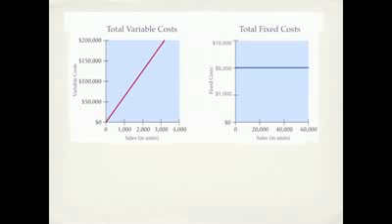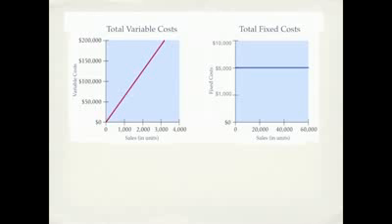Again, our sales in units is on the x-axis, and our fixed costs now are on the y-axis. You can see as our sales increase from 0 to 60,000 units, our fixed costs remain the same at $5,000. So again, this is just verifying the definitions before. Variable costs, as you can see in total, increase as the activity level increases. Total fixed cost remains unchanged as our sales volume changes.